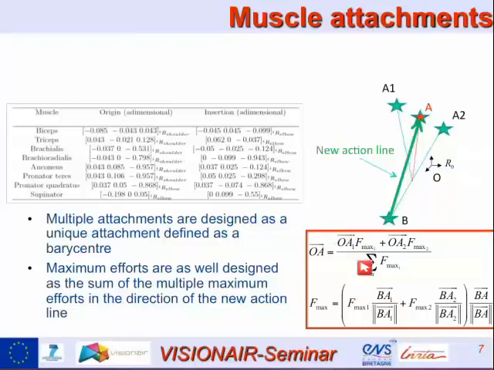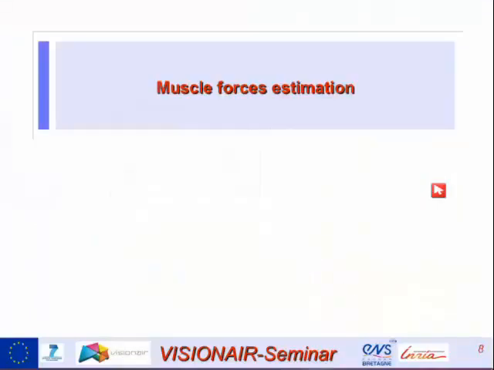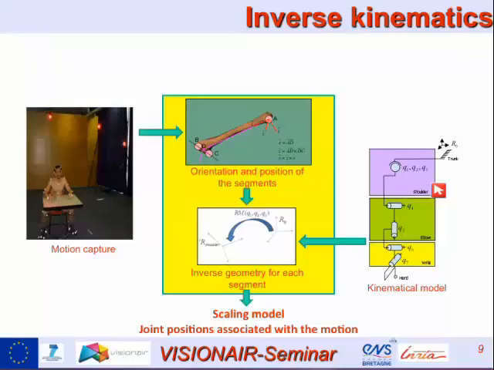It's normalized by the maximum effort possible for each muscle, and so here the idea is to use the arm level to compute here the muscle force, and we are coming to muscle force based on this model.